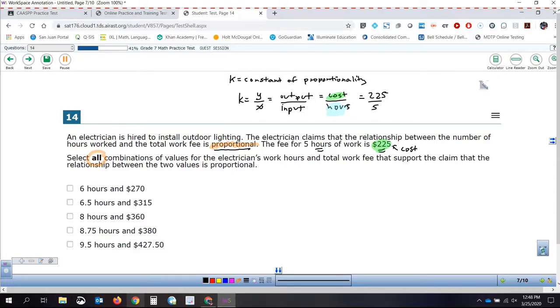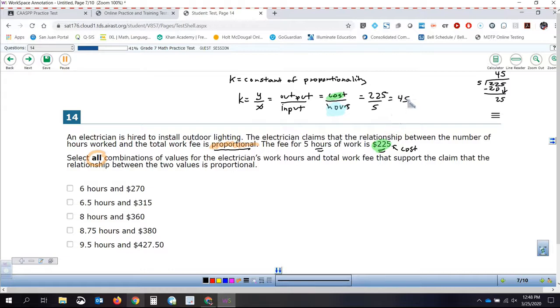And yes, we have the calculator available, but I'm not going to use the calculator. So 5 goes into 22, 5 times 4 is 20. I'm going to subtract, bring down the 5, and I get 25, and 5 goes into 25 5 times. So our constant of proportionality is 45.